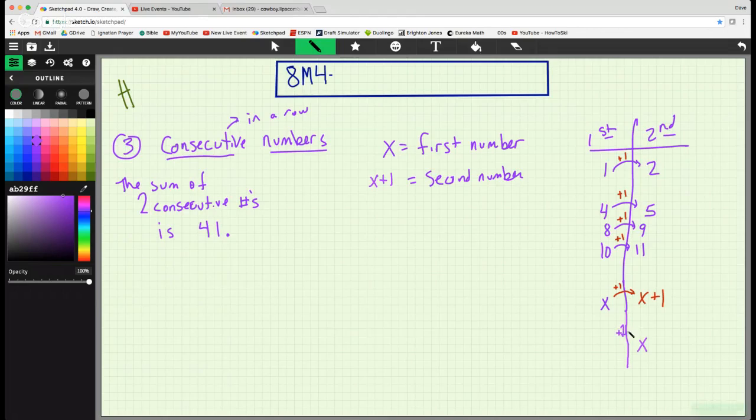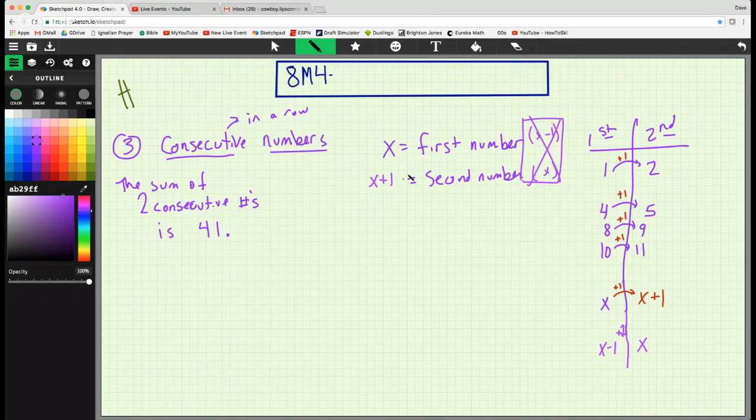If something plus 1 gives me x, this would be x minus 1, because x minus 1 plus 1 is x. So I could actually say my first number is x minus 1, and my second number is x. And that would still work. But you can just hold on to that thought. We'll put this away for a second.